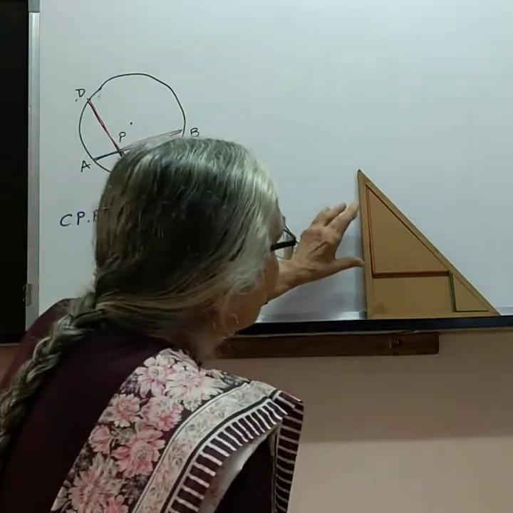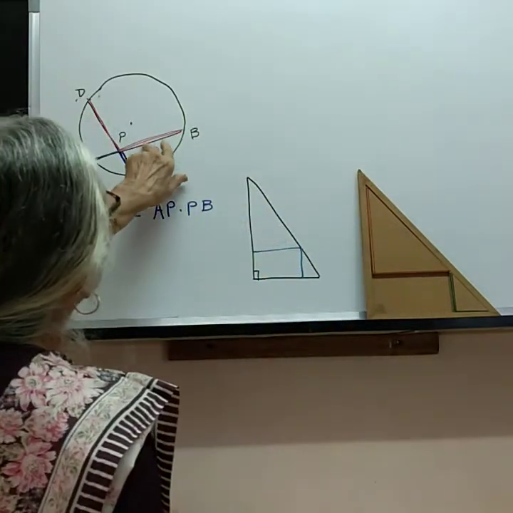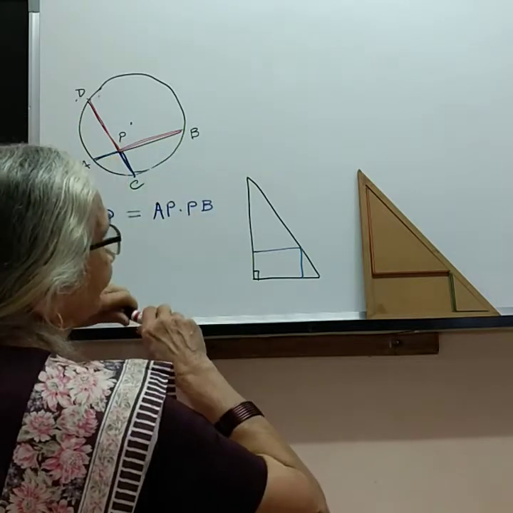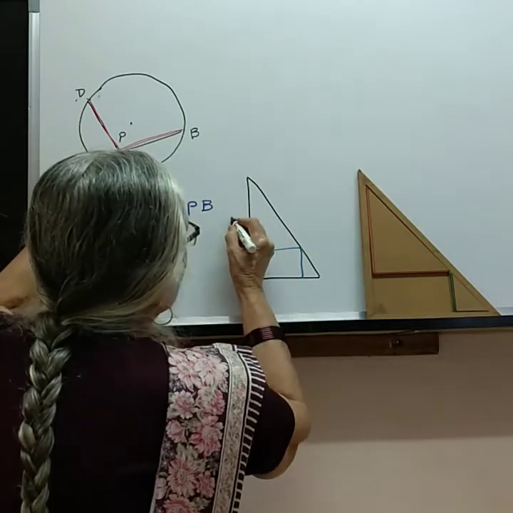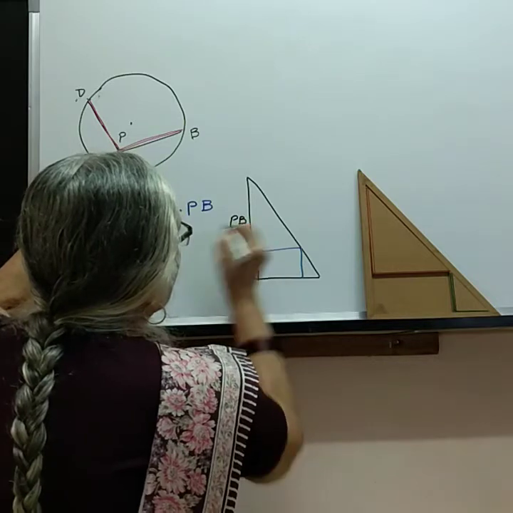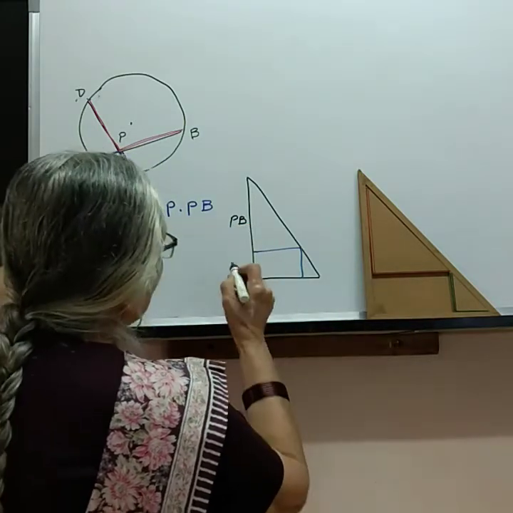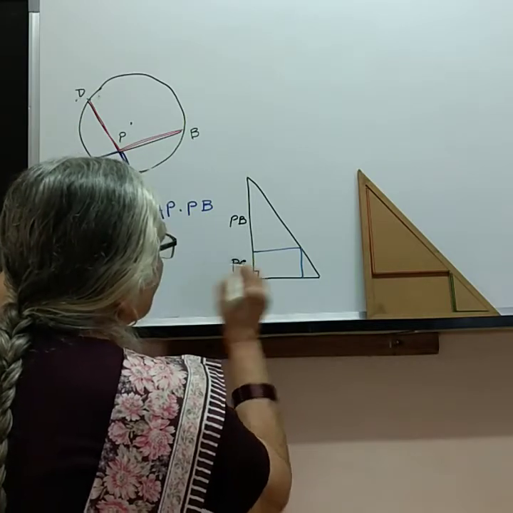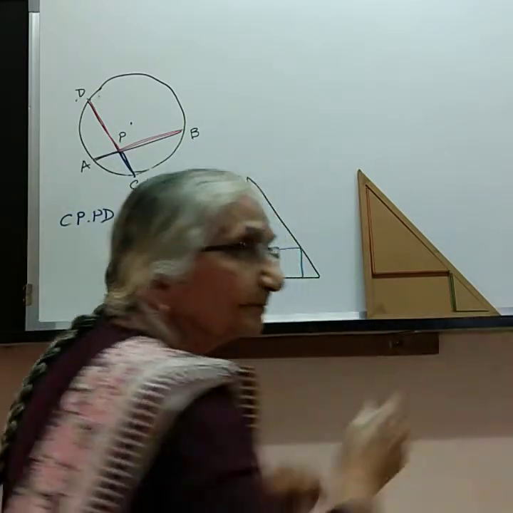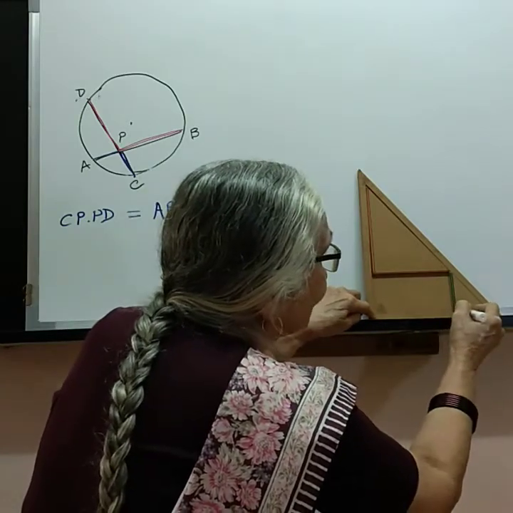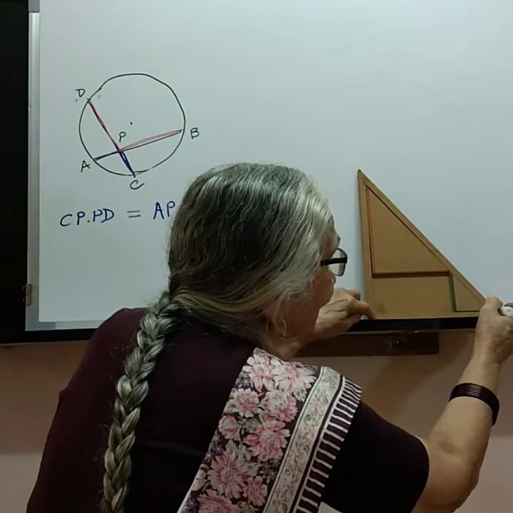And then double red plus double green, that is, double red here is PB, and the double green over here is PC. And what about the base? It is this much over here. That is single red and this is single green.